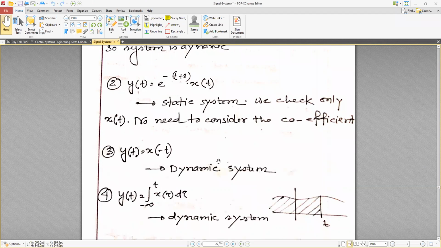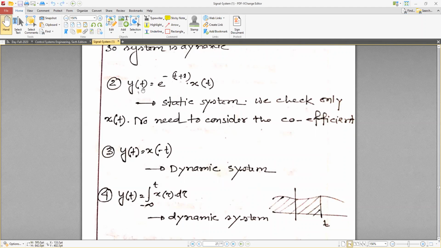Another example: y of t is equal to e to the power of minus (t plus 1) into x(t). It would be a static system because if you put any value 0, 1, 2, 3, the x(t) would be the same, right? If we put t equal to 0, it would be x of 0.